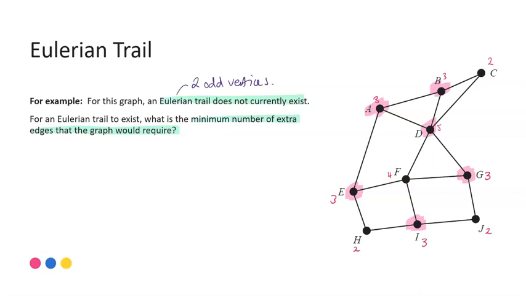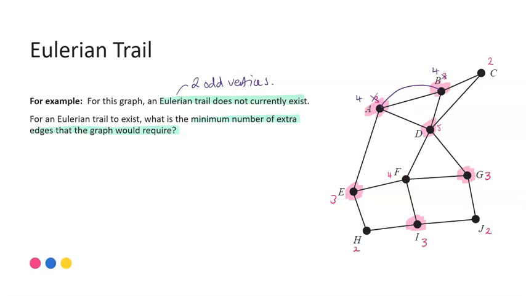If I was to add an additional edge between B and A, what that does is all of a sudden A now has a degree of 4, so it makes it even, and B also now has a degree of 4. So by adding an edge between 2 odd vertices, I make them both even.